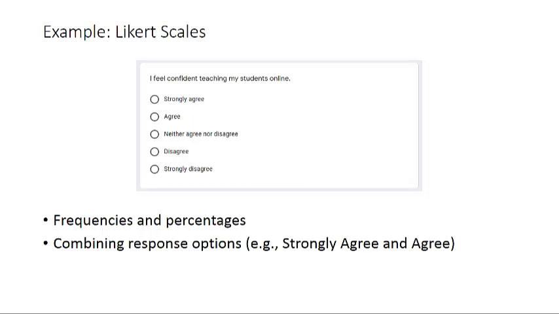For Likert scale questions, the researcher can calculate the frequency of each type of response to a question. For example, the researcher might want to know how many people said they strongly agree that they feel confident teaching their students online, how many said that they agree, and so forth. Another option for Likert scales is to combine the strongly agree and agree responses, and to combine the strongly disagree and disagree options.